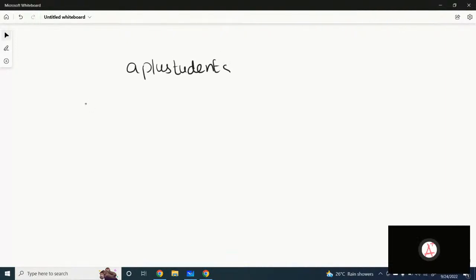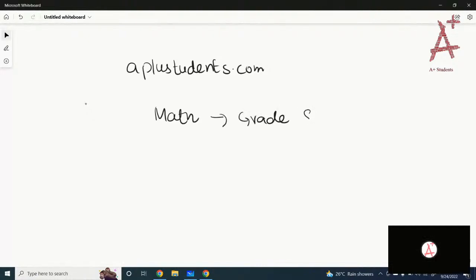You have to log in using your email address and password provided by the administration, and then select math as a subject. Then scroll down to grade 8 maths. We are on the very first chapter, that is number theory.